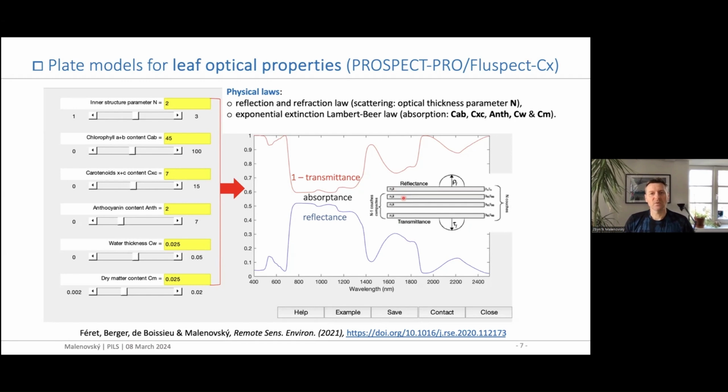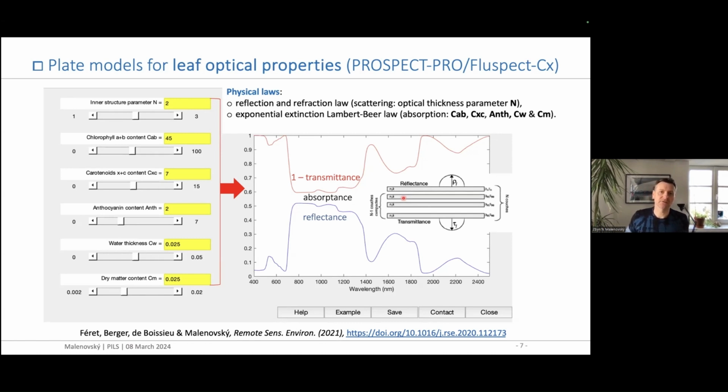And then the model is using two or three basic laws for radiative transfer simulations. It's a reflection and refraction law, which is simulating the scattering of the photons inside of the leaf, and then the exponential extinction Lambert-Beer law, which is driven by absorbers inside of the leaf.